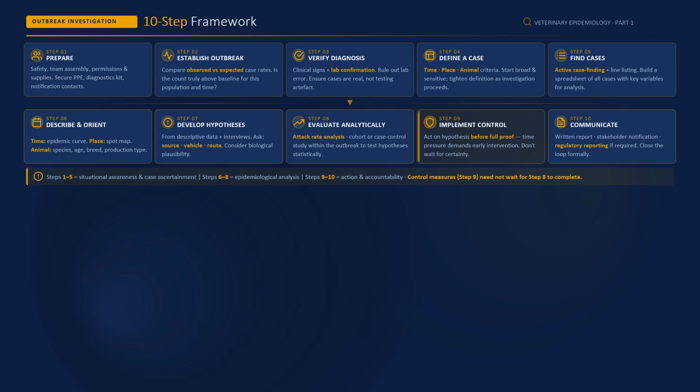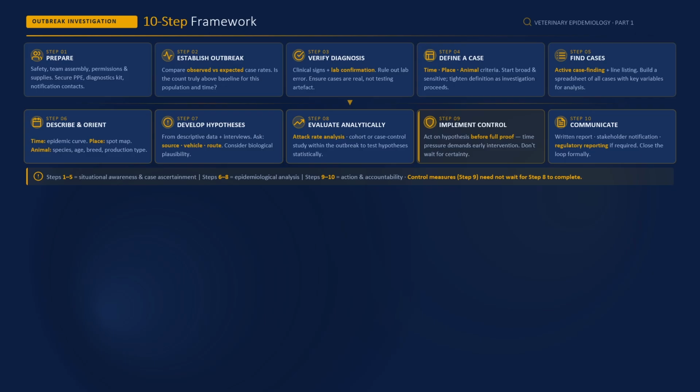Step 7, develop hypotheses about source, vehicle, and route, and check biological plausibility. Step 8, evaluate analytically: attack rate analysis, or a cohort or case-control study nested within the outbreak. Step 9, implement control. And note this, you act on the hypothesis before you have full proof.